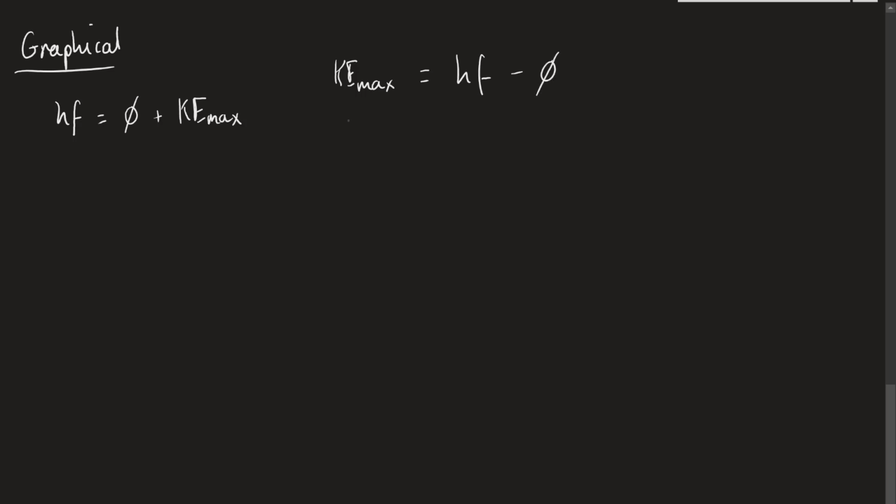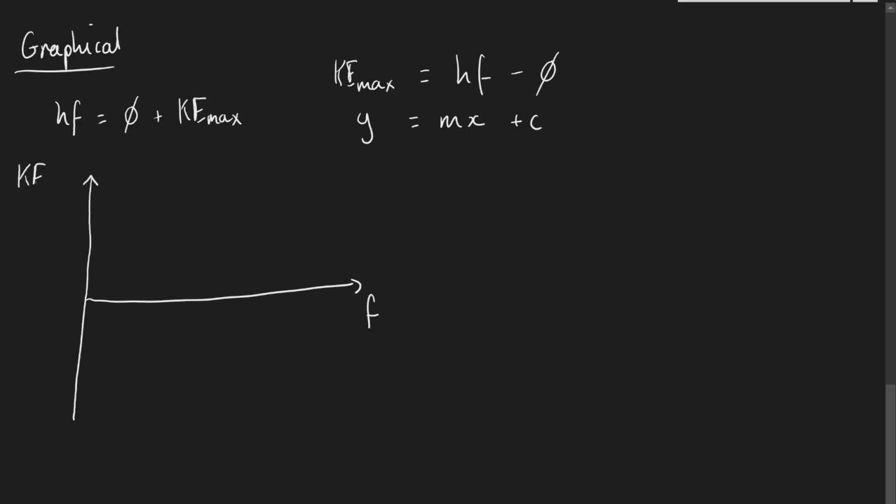Okay, this, if you'll notice, is in the form y equals mx plus c, and so we can have a graph that looks like this, where we have f is our x component, the maximum kinetic energy is our y component, the gradient is Planck's constant, and the y-intercept is going to be negative the work function.